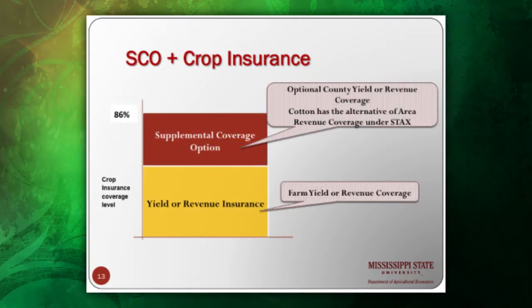In the next slide, we illustrate the difference between ARC and SCO in combination with crop insurance, because SCO, the supplemental coverage option, may be revenue triggered like ARC, but the lower limit of the SCO program will be the coverage level of the individual crop insurance. So you don't have an overlap nor a gap between the shallow loss program and the deeper loss insurance programs.